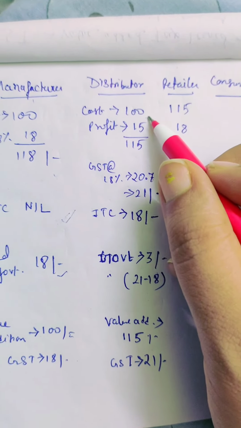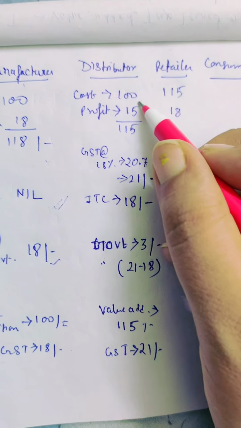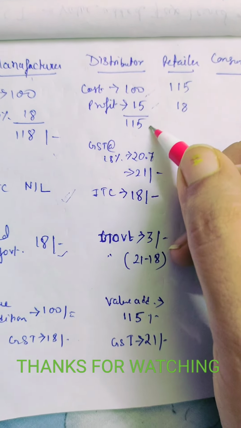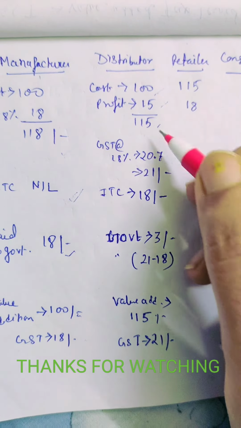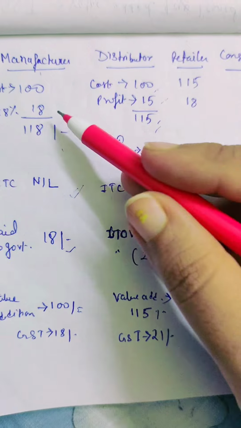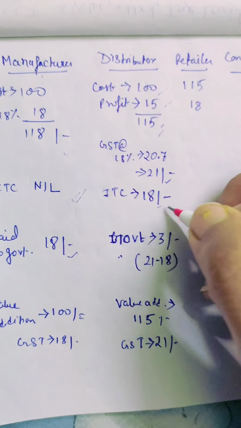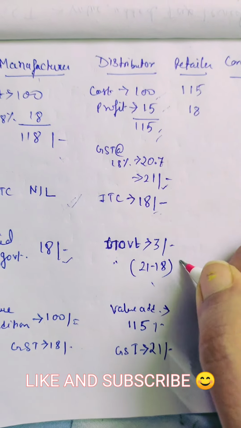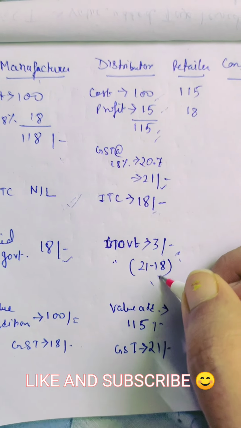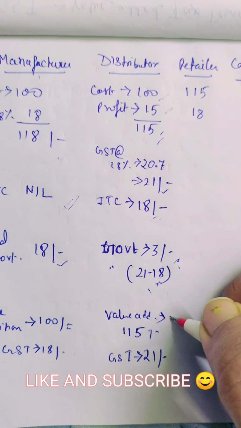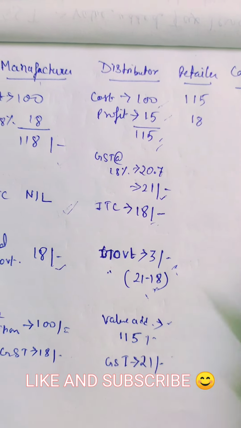The cost comes to 100 and he adds his own profit 15, total it comes to 115. So GST on this 115 is 21 approx, and the ITC he paid is 18. So he has to pay to the government only 3. He claims the input tax credit here 18. The value added is 115 and the GST part 21.